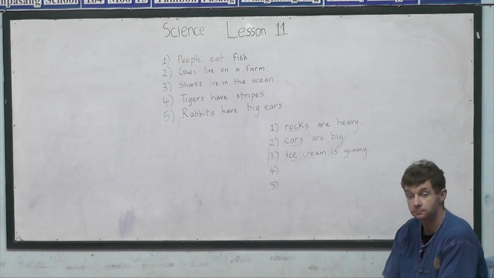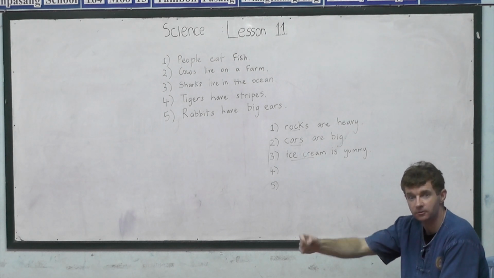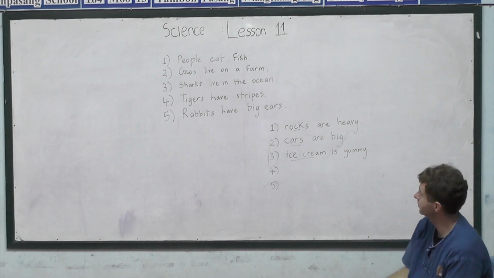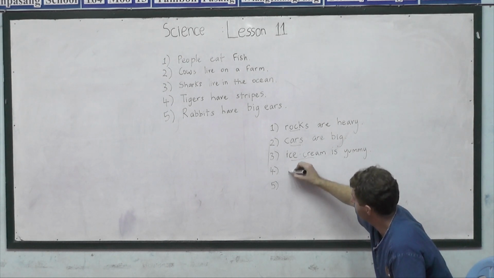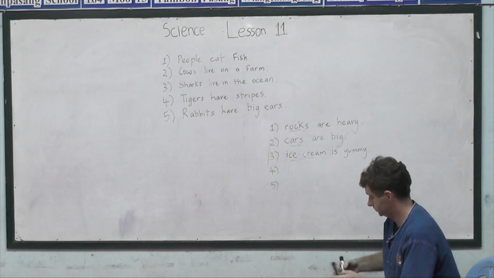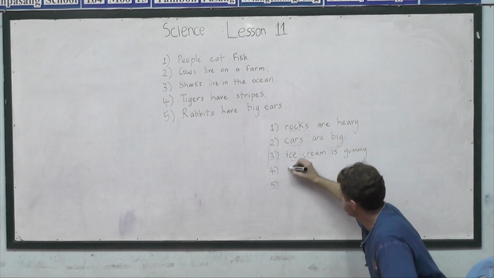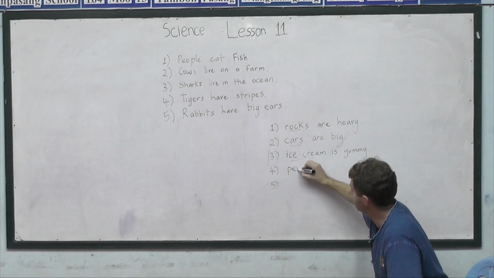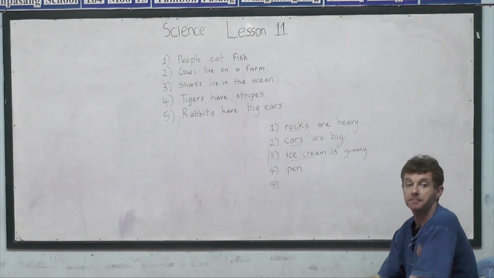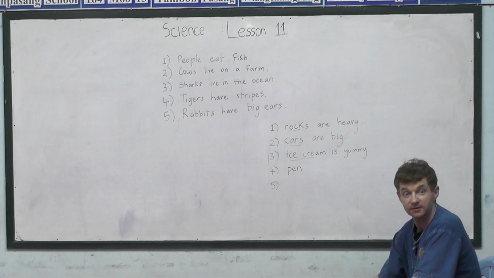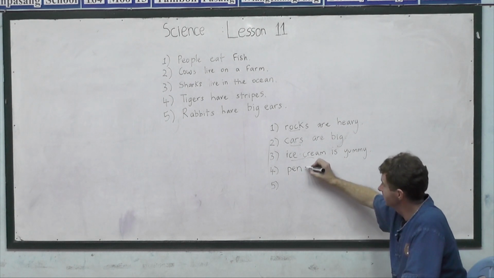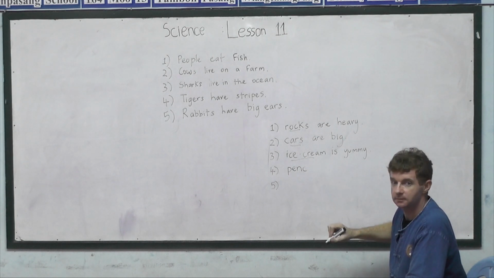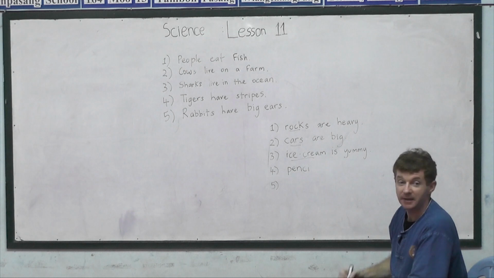Pencil. What can we do with a pencil? Color. Write or color? Okay. P-E-N. So what word's this now? Pen. But are we writing pencils? So we have to write S. P-E-N-C-I-L.